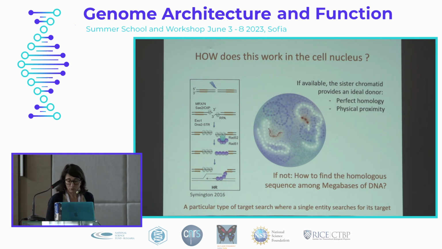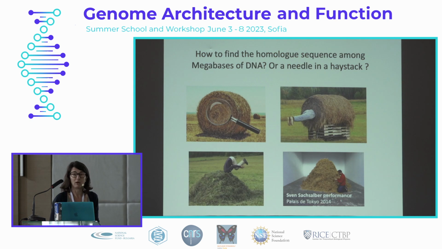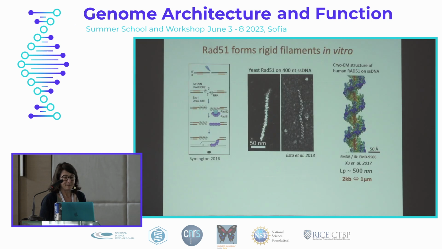So you are down to the very old question of how to find a needle in a haystack, for which different strategies have been proposed. What we know from biochemical studies is that the object undergoing the search is this RAD51 filament.